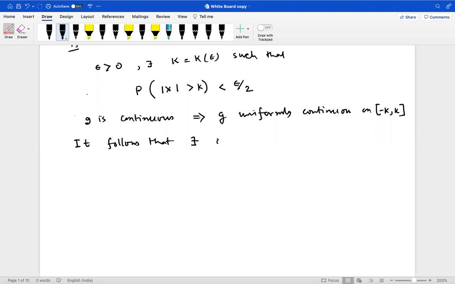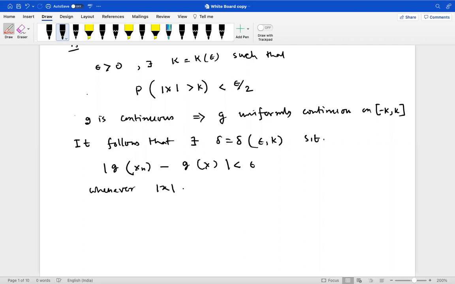there exists a delta, which obviously depends on epsilon and k both, such that modulus of g(Xn) minus g(X) is less than epsilon, whenever modulus of X is less than or equal to k and modulus of Xn minus X is less than delta.